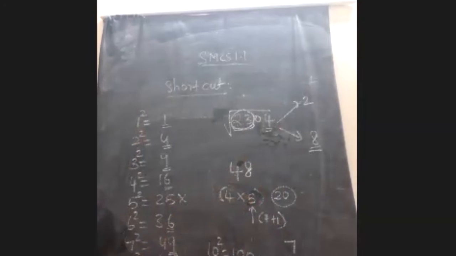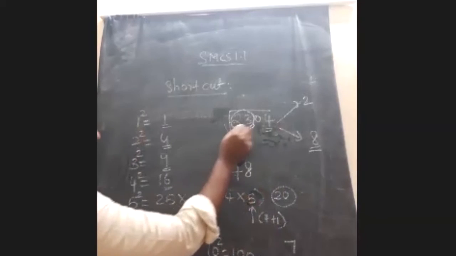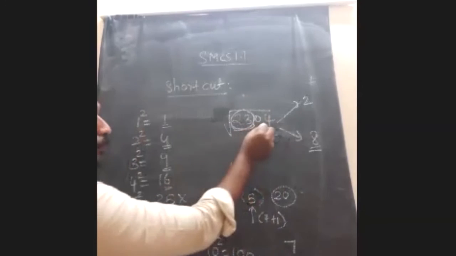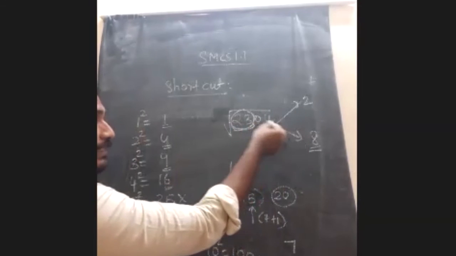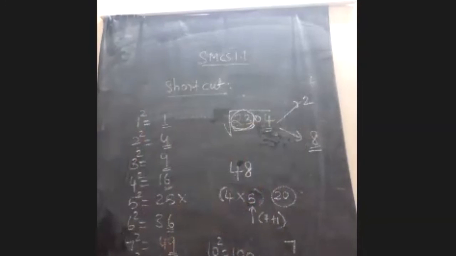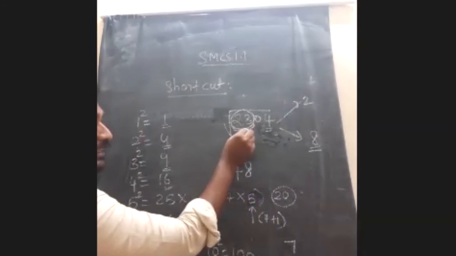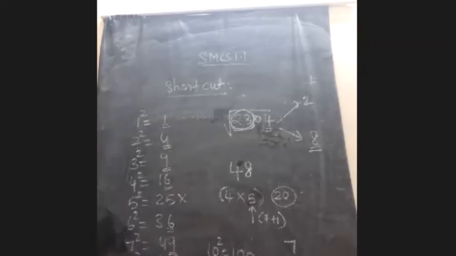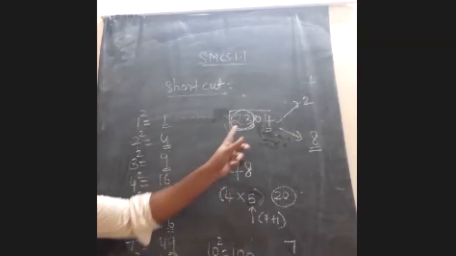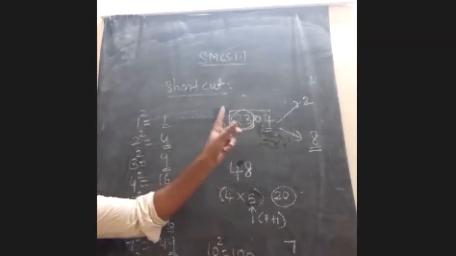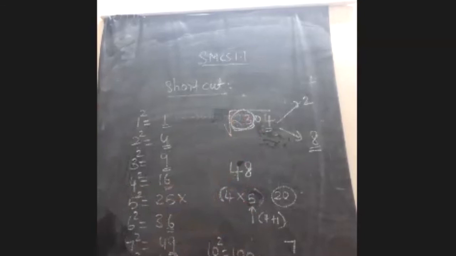Okay, so once again I will repeat to you. First you should write the number and you have to put a comma after leaving the unit digit and the tens digit. Then we have to think about the tables, that is perfect squares: 4 4s are, or 5 5s are, 6 6s are. That multiplication value should be less than 23, not more than 23 here. So 4 4s are 16. If you think about 5 5s are, that will be more than 23.